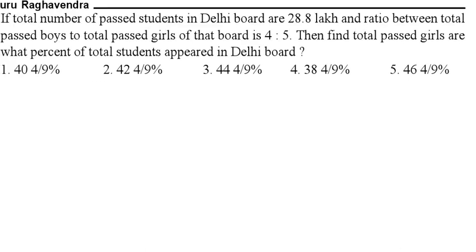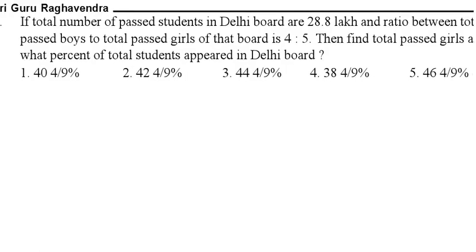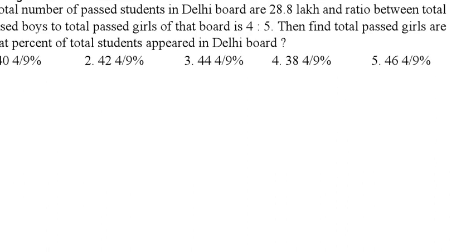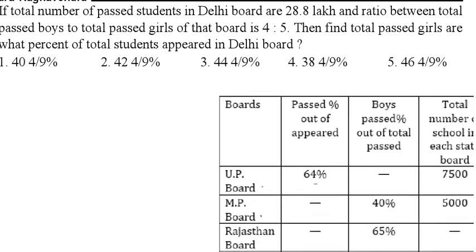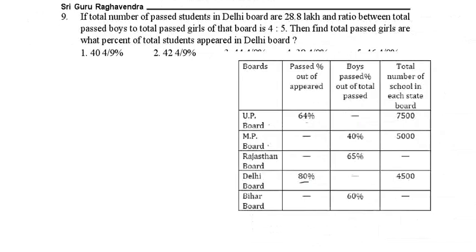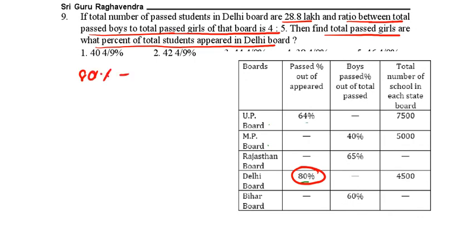Now see the first question. If the average number of students appeared from each school of UP is 360.